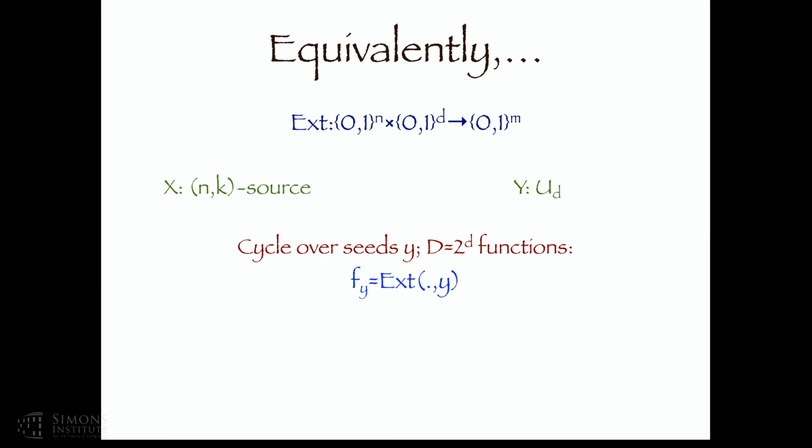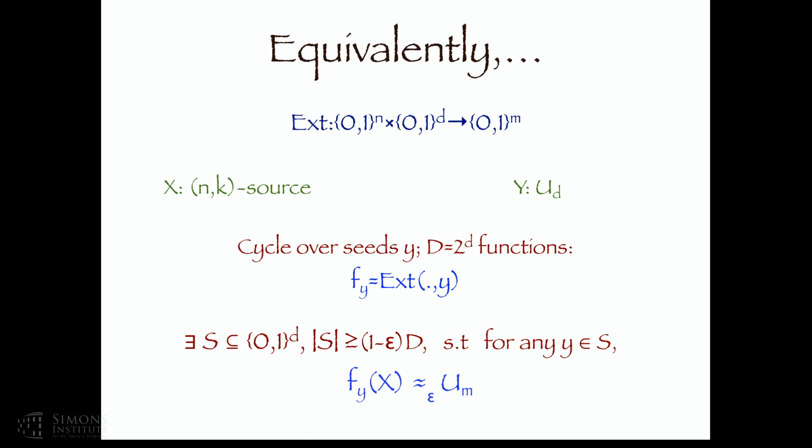The property of a strong seeded extractor is that there exists a large fraction of seeds, namely a 1 minus epsilon fraction, such that for any such fixing, if you apply the corresponding function on your source X, the output distribution is close to uniform in statistical distance. We'll always be dealing with statistical distance in this talk.